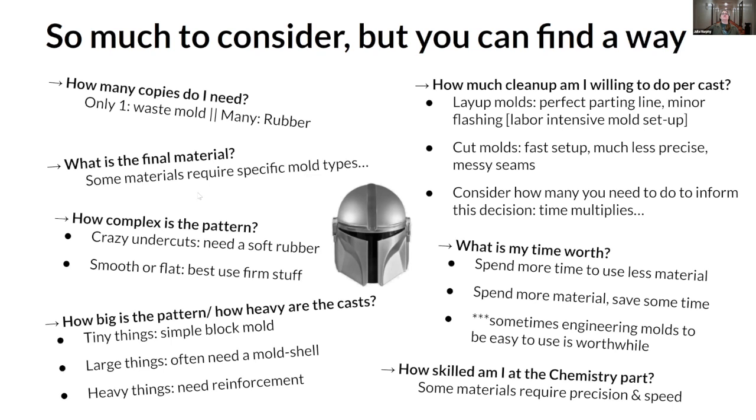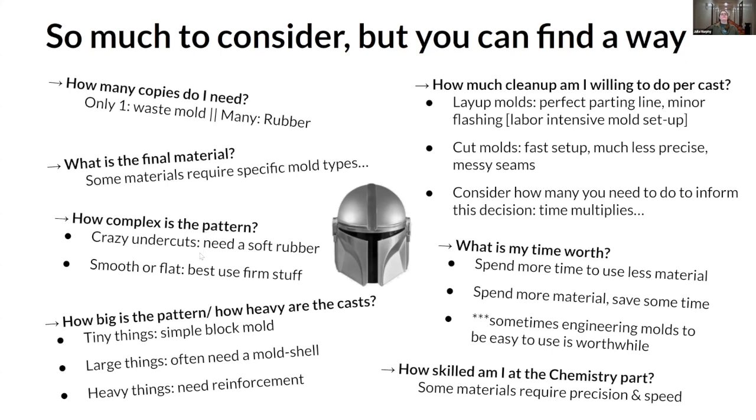But as a short rundown, the final material you need can dictate the kind of material you have to use in order to mold it. For instance, alginate is water-based. You can't put certain plastics into it because they'll foam, like urethane plastics. Okay? How complex is it?